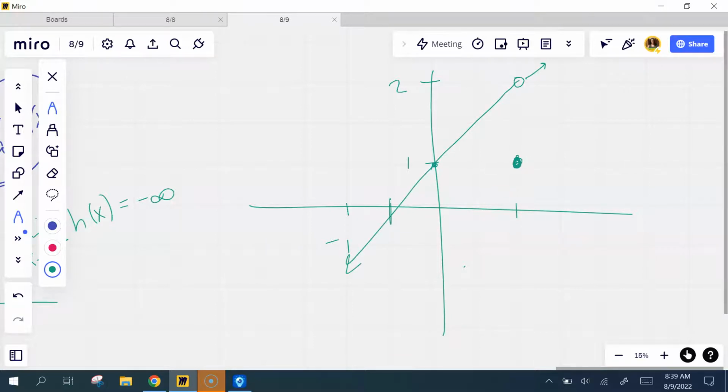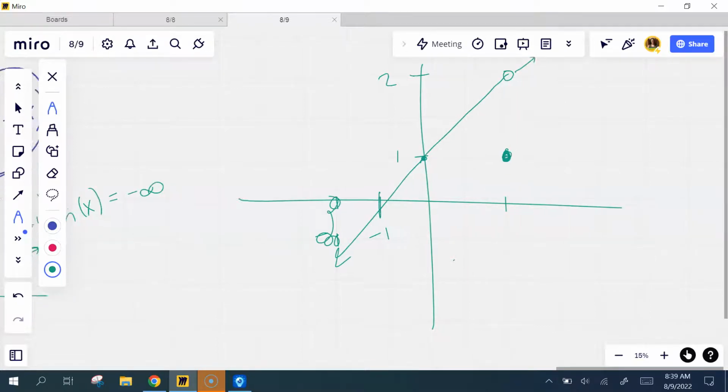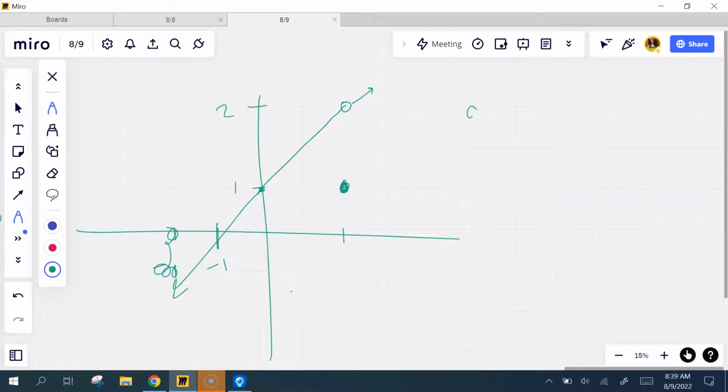That's supposed to go through -1. Sorry. This function is defined as g of x, and it is x squared minus 1 over x minus 1 anytime x is not 1, but it's 1 when x is 1. Does that make sense to you?